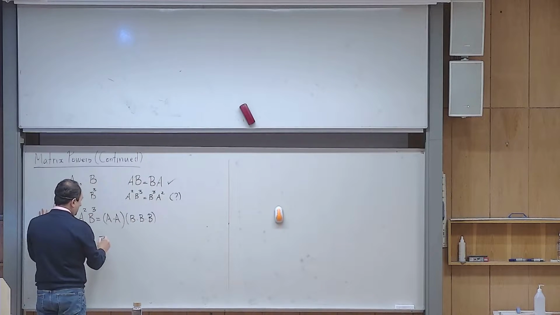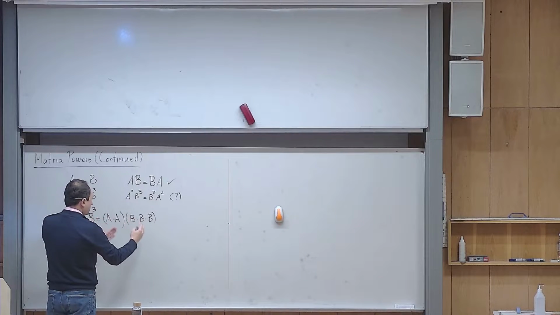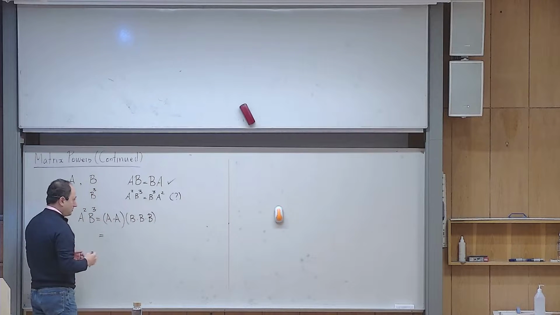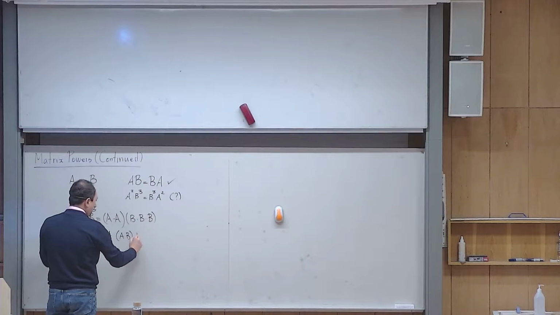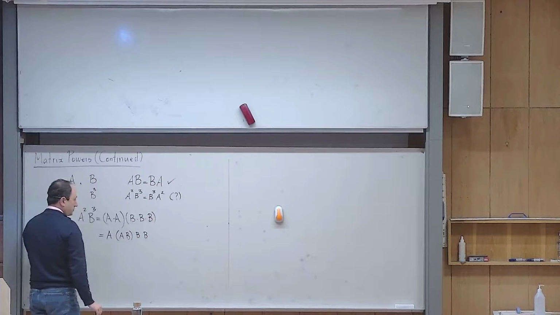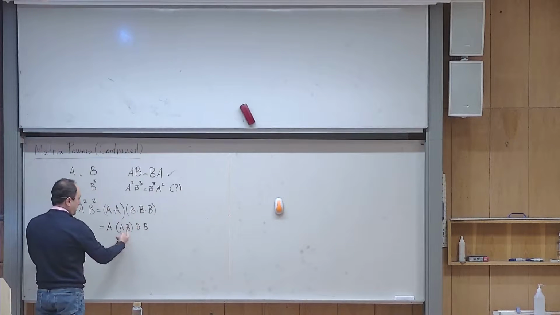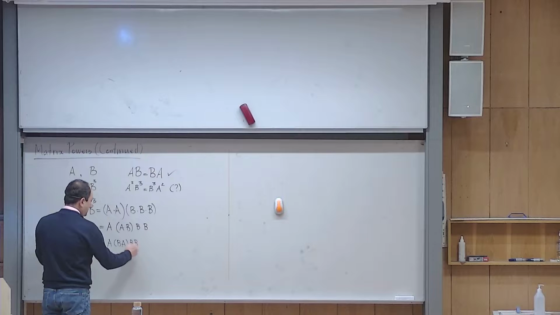For example, I can write, because I want to move all these B's to the other side somehow. So is that possible? So I would say that A, and then I keep them like this, and then I have B, B. So you see, I have used associativity to regroup these two together, but now I can switch them. So this becomes A, and then it becomes BA, and then I have BB.